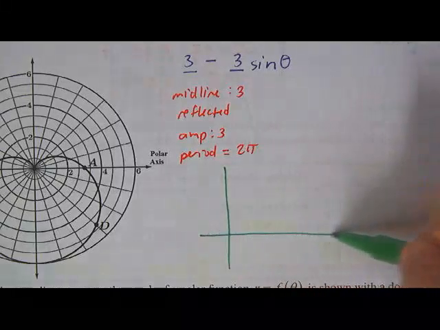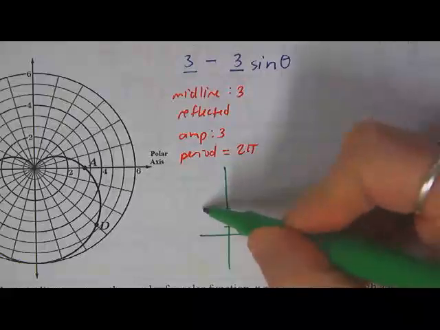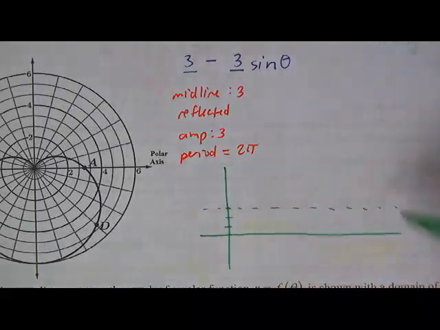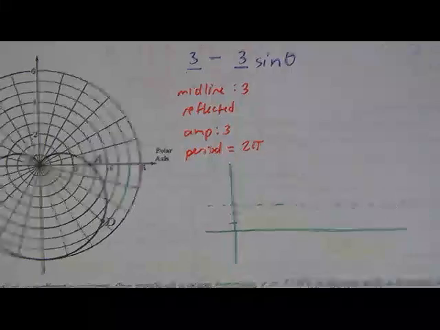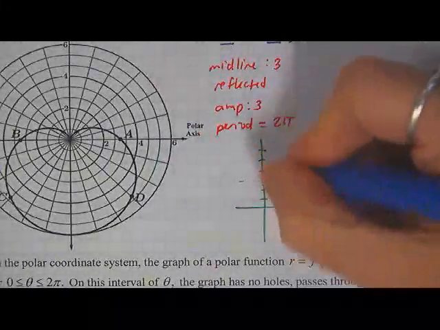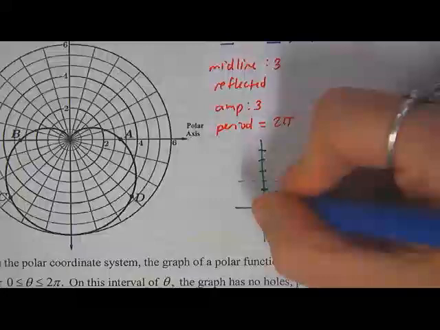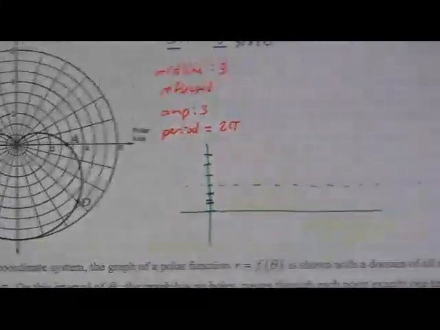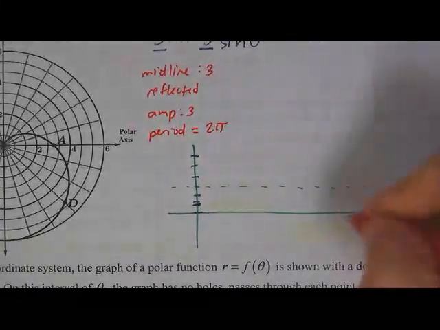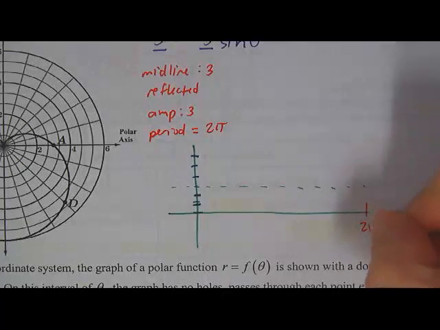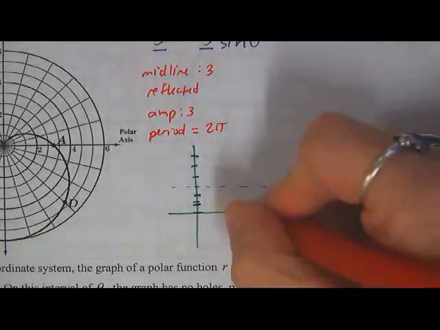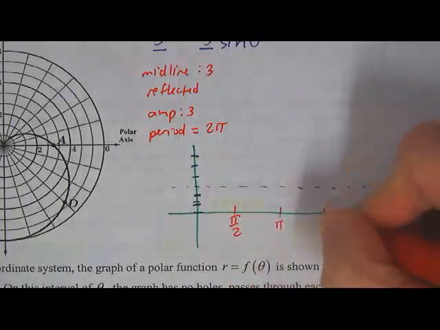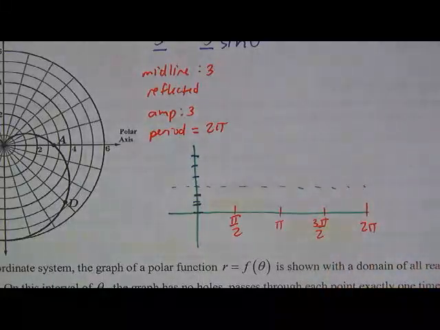And the midline is 3, so we're way up here. The amplitude is 3. Pi. It's a sine graph that's been reflected.